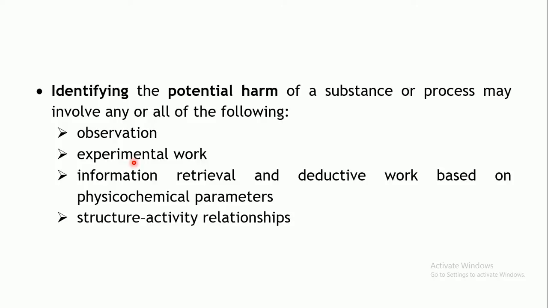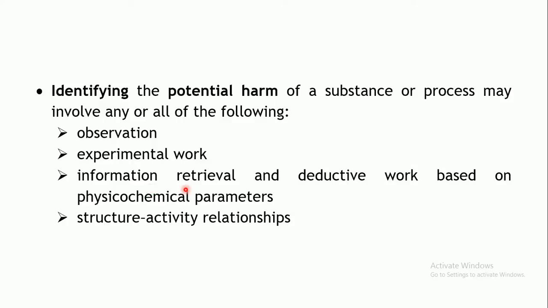In the framework, again, we have seen all these points. So certain experimental work might have to be carried out. Animal experimentation might be required to find out the potential harm of that particular chemical in the animals, and then you can extrapolate the results to human beings. One more way by which the potential harm can be identified is by retrieval of information.